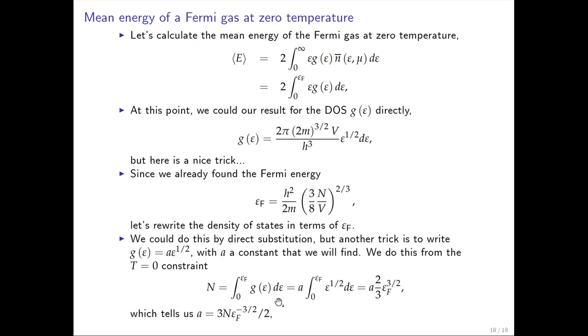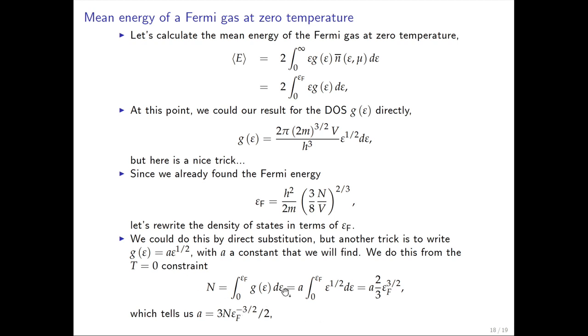This was our constraint on total numbers. So just plug in a epsilon^(1/2), and we know we have to integrate to the Fermi energy. And so that's a times this integral, which is really simple to do. And we get this value, and now we solve it for a, and we get a equals 3N epsilon_F^(-3/2) divided by 2.